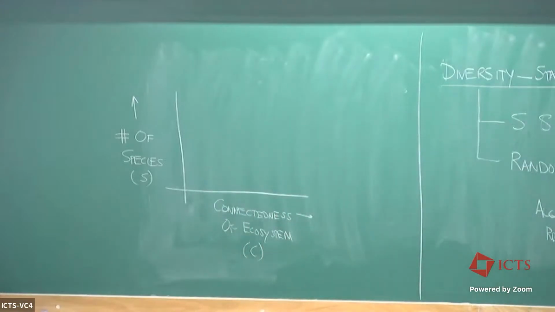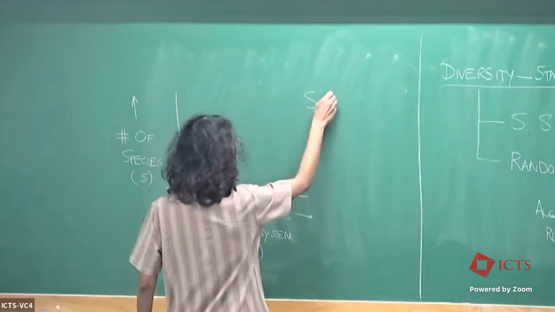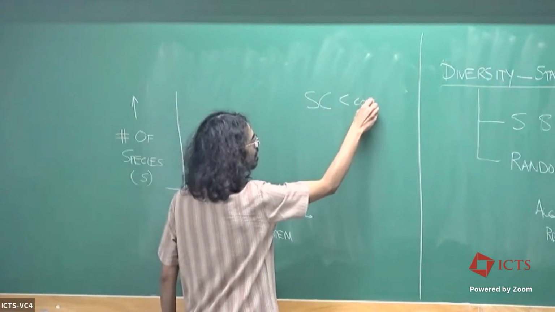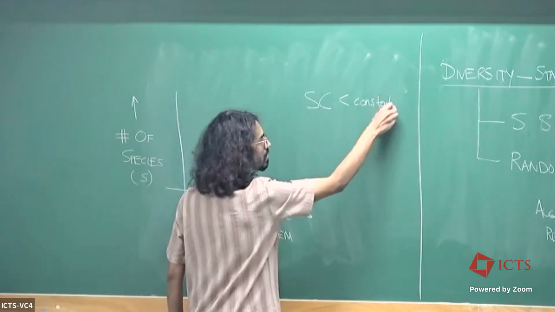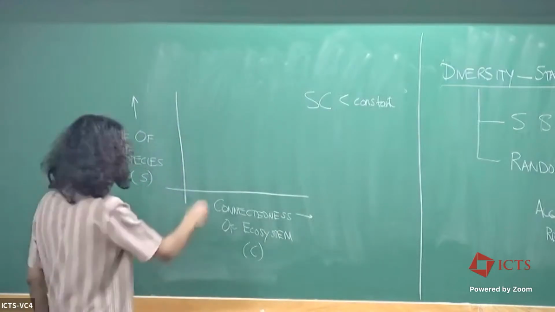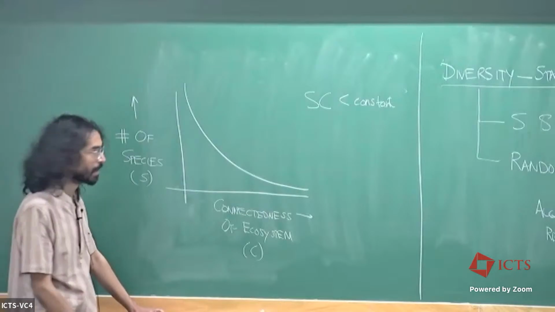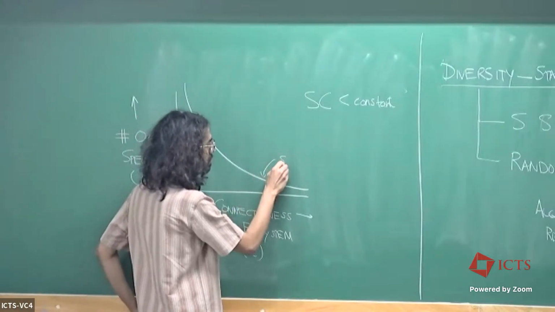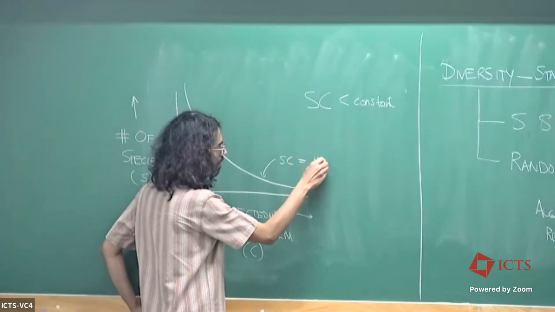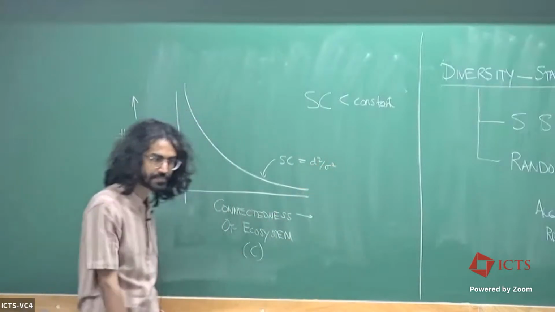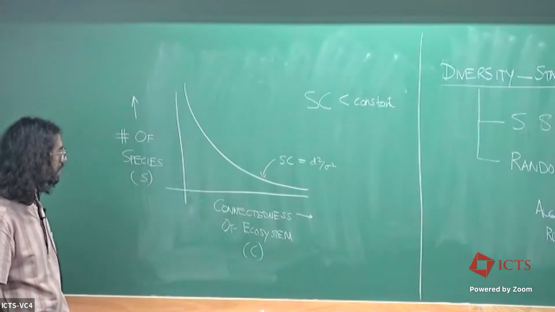Yeah, so for a fixed sigma squared, SC should be less than some constant, right? What is that an equation of? It's the equation of a hyperbola, right? So there's some hyperbolic curve here, which is SC equals d squared by sigma squared. And what happens on either side of this boundary?